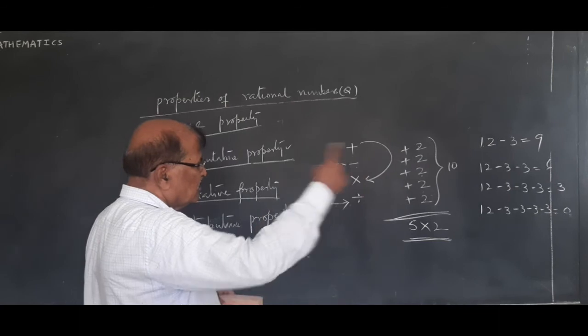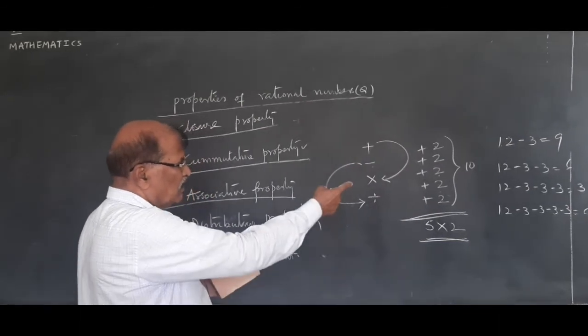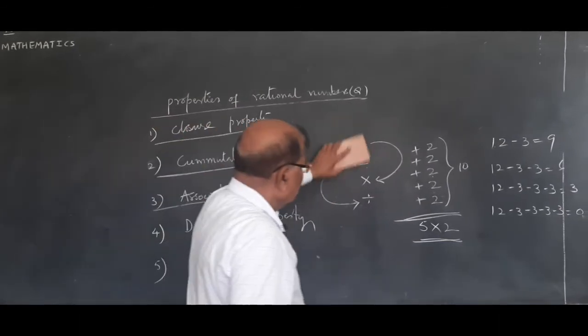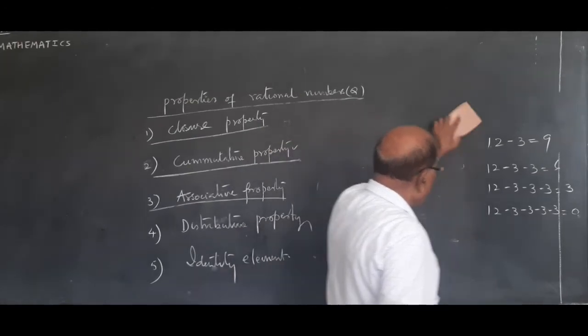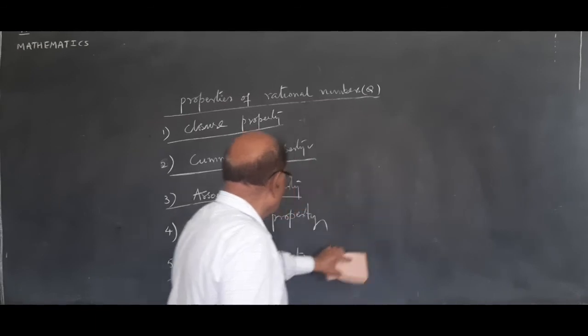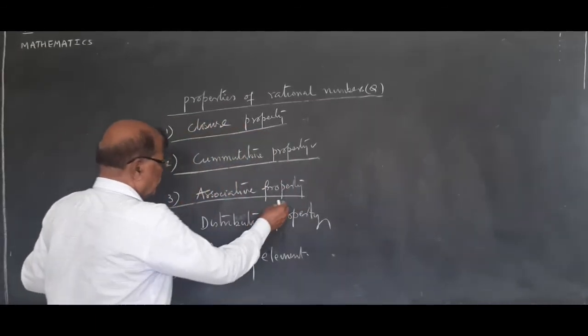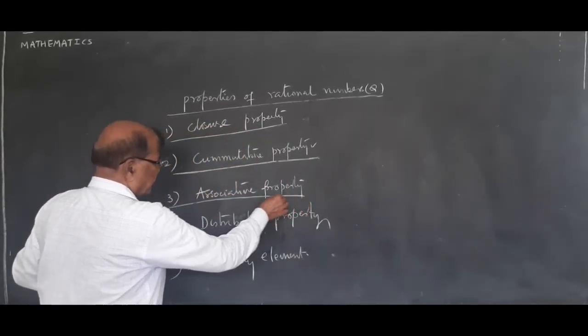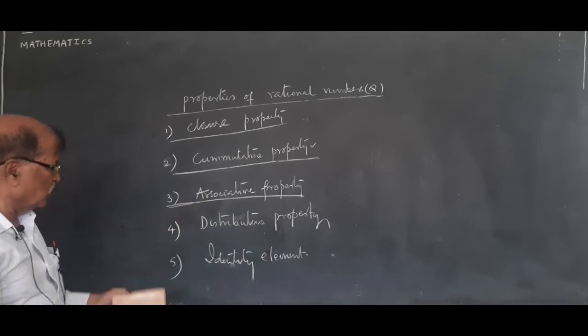So repeatedly we are getting the multiples of 3. So we have only 2 operations. So when subtraction does not hold good in associative property, division also doesn't hold good.